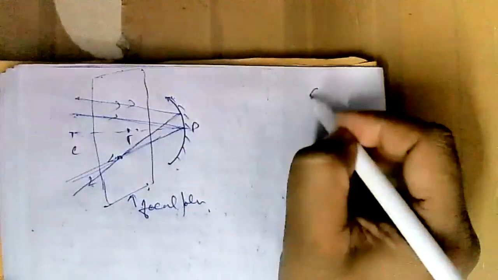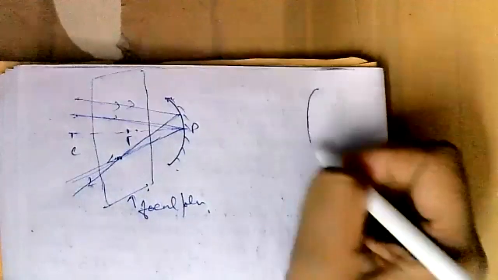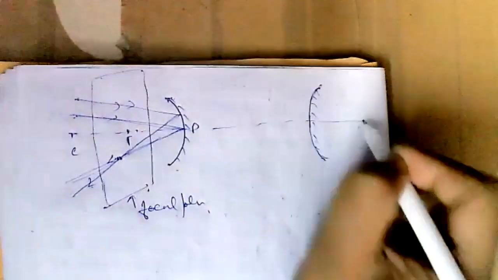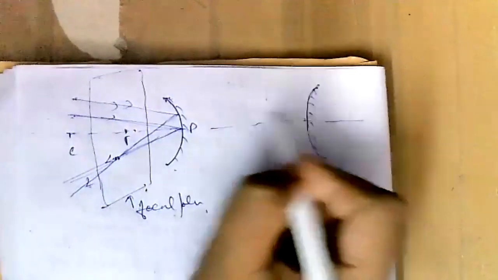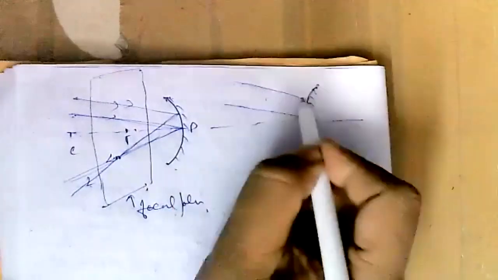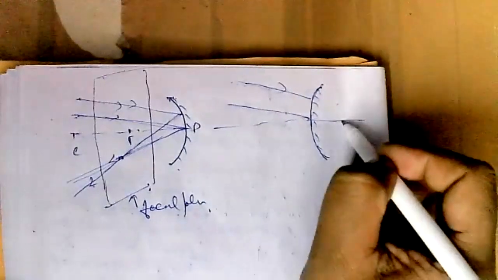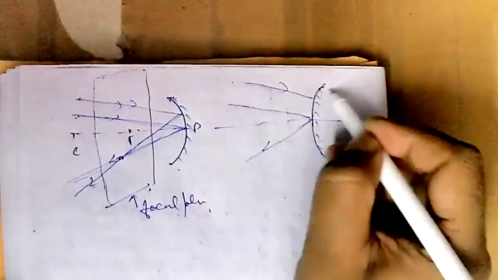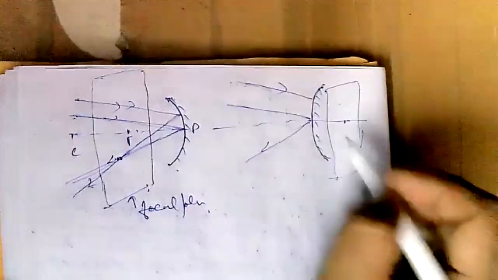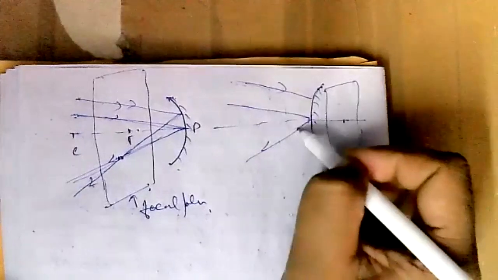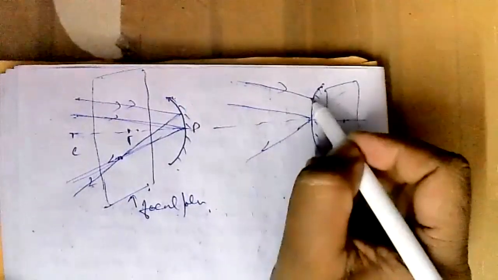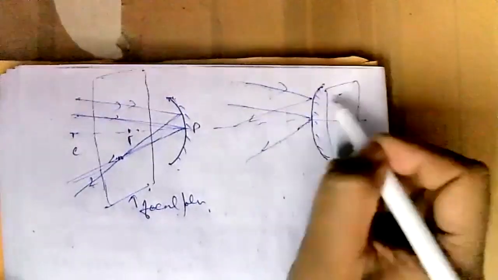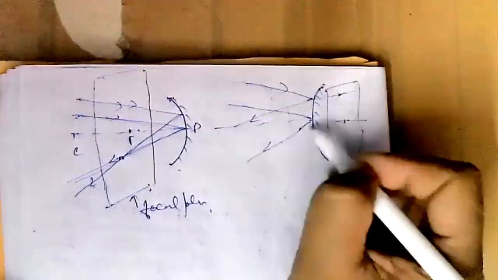Or in case of a convex mirror, after reflection, they will appear to diverge from a point on the focal plane.